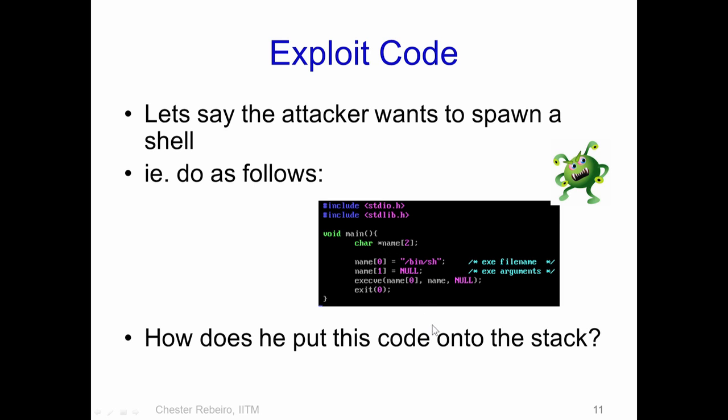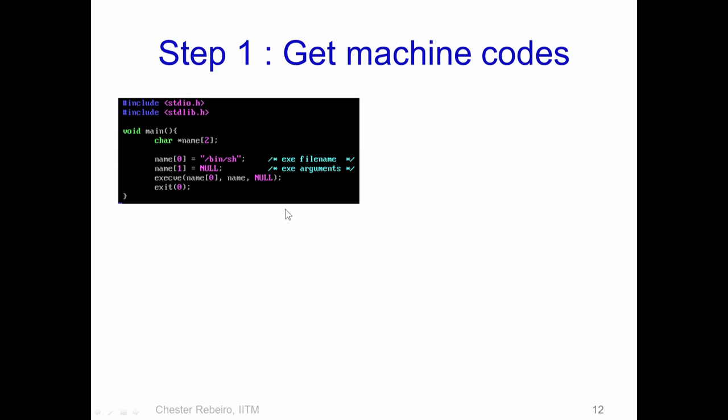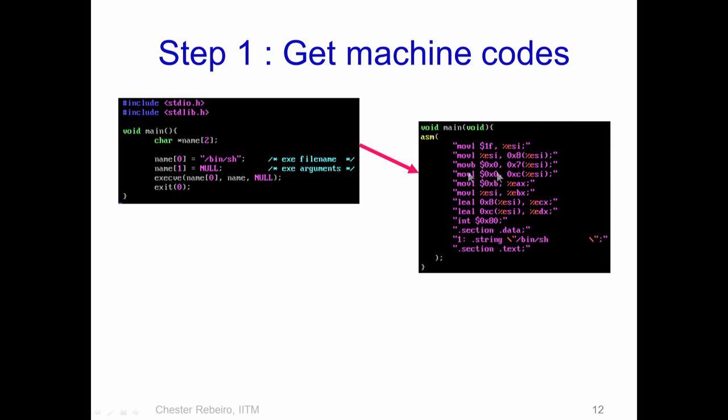The first question that needs to be asked is, how does this attacker manage to put this code onto the stack? The first step in doing so is that the attacker needs to obtain the binary data corresponding to this particular program. In order to do this, the attacker will rewrite this program in assembly code. This assembly code, as we see here, does exactly the same thing as this program.